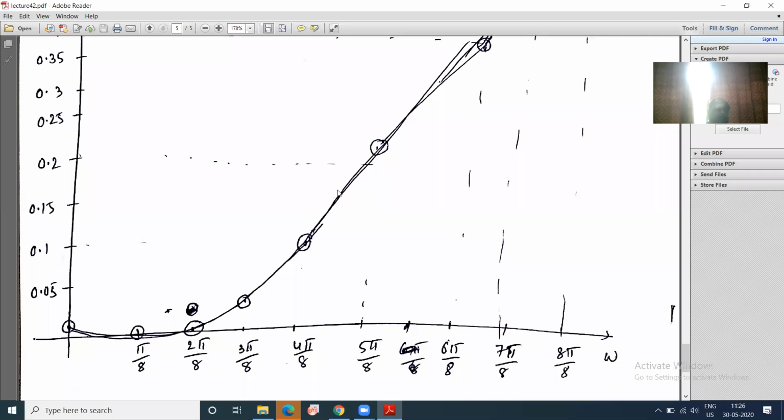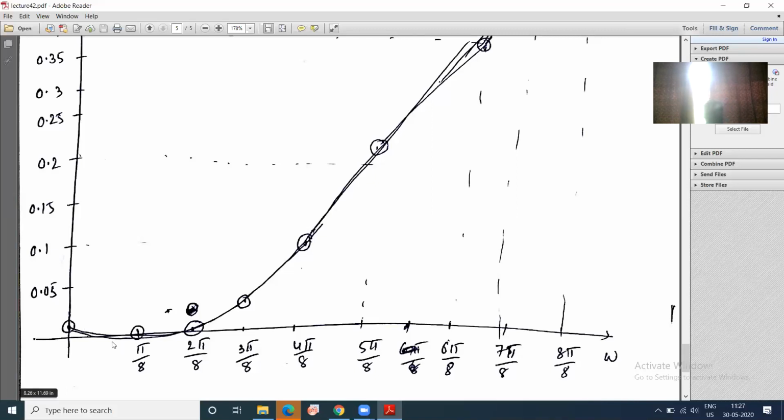If you can plot with, say, pi by 16 multiples, then between 0 and pi by 8 you can have one more value. So between pi by 8 and 2 pi by 8 you are having one more value, between 2 pi by 8 and 3 pi by 8 you are having one more value. If I take the multiples of pi by 16, this will be your pi by 16, this will be 2 pi by 16, this will be 3 pi by 16, this will be 4 pi by 16, like that.